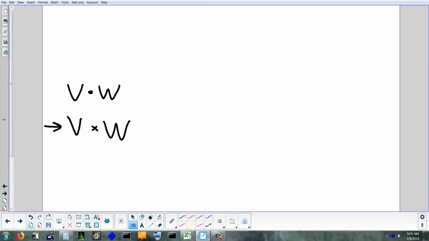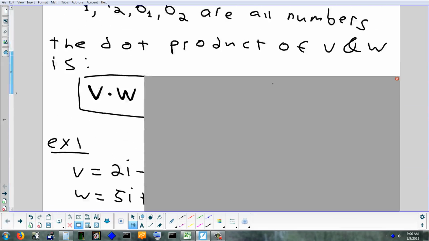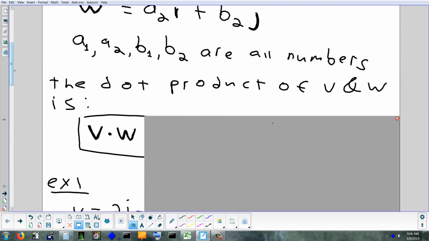The reason is because cross product is only something that works in 3D. It doesn't exist in 2D. So tomorrow when we look at 3D vectors, that's going to be the one new thing we look at in 3D that we've never looked at in 2D, a cross product. Okay, but for today, dot product, v dot w.